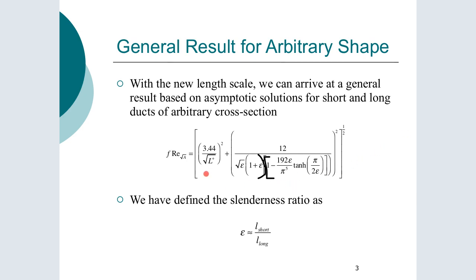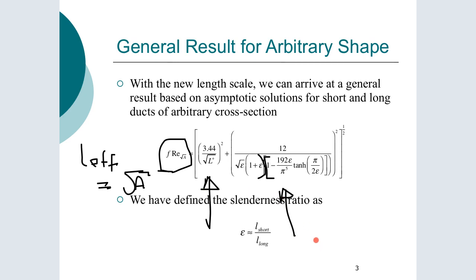So what we have here is a combination. We have our friction factor times the Reynolds number, where we've used our new length scale. L effective is equal to the square root of the cross-sectional area. That's our length scale there, and it's made up of two terms: the developing term and this hairy looking term, which is the fully developed.